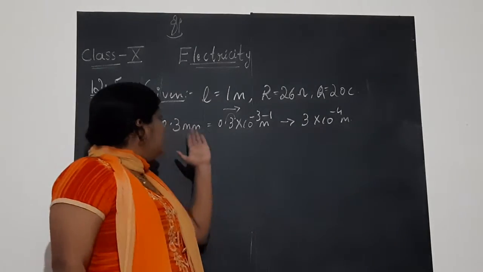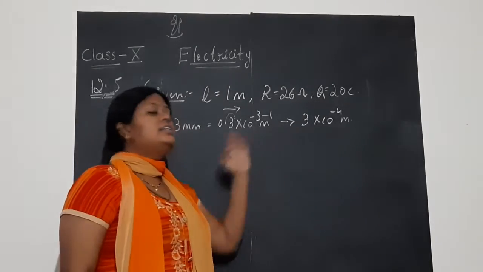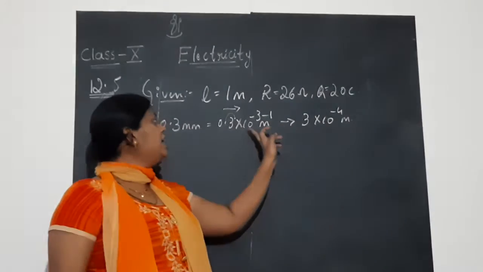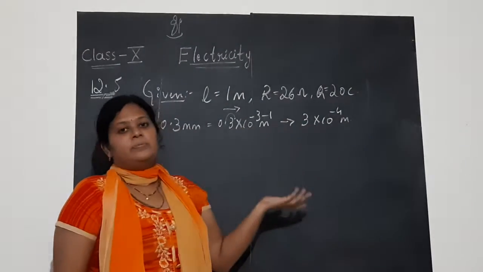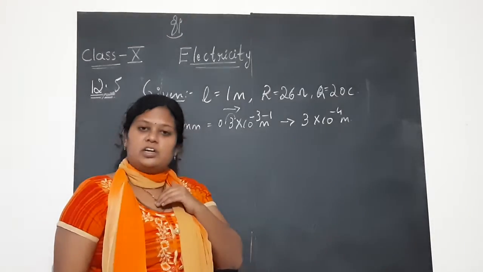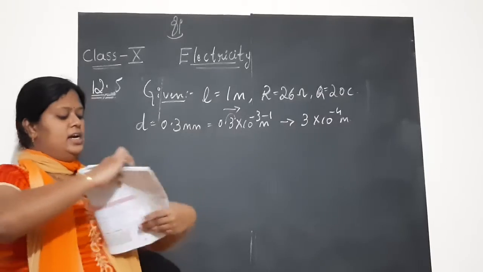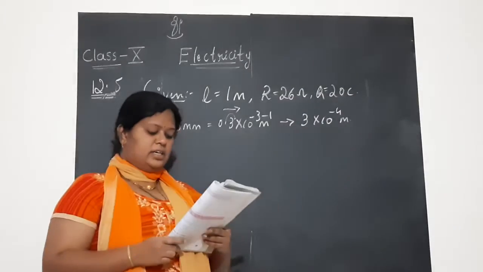You may question, can I keep it like this only and solve? No, why this headache? Because simplification will be difficult if you retain the decimal. With whole numbers, multiplication and division will be easy. So 3 into 10 to the power minus 4 meter is the diameter. That is what they have done in the textbook.